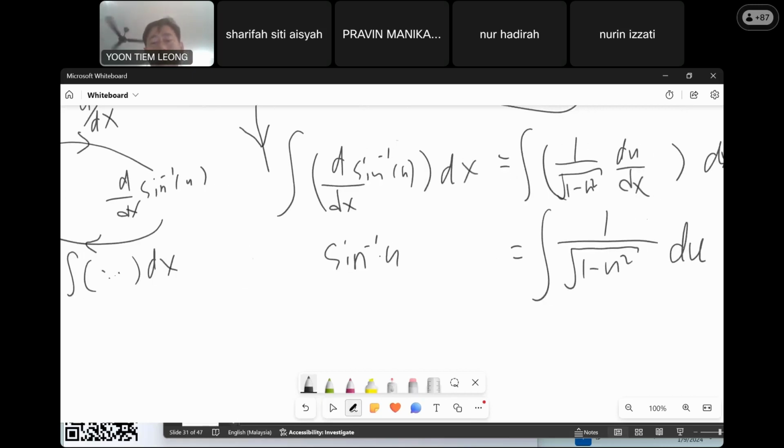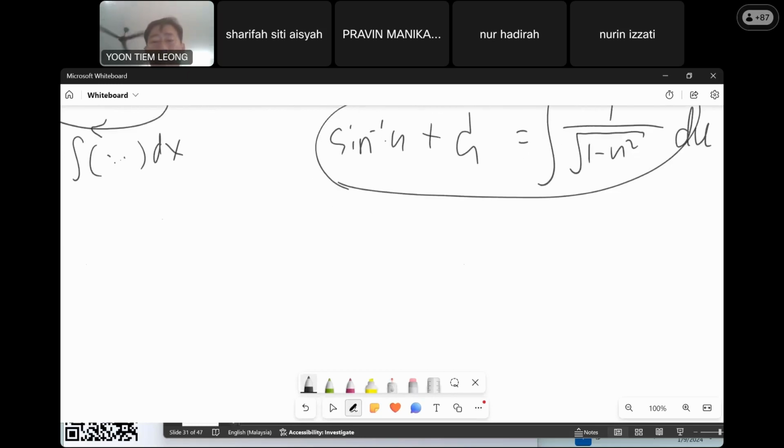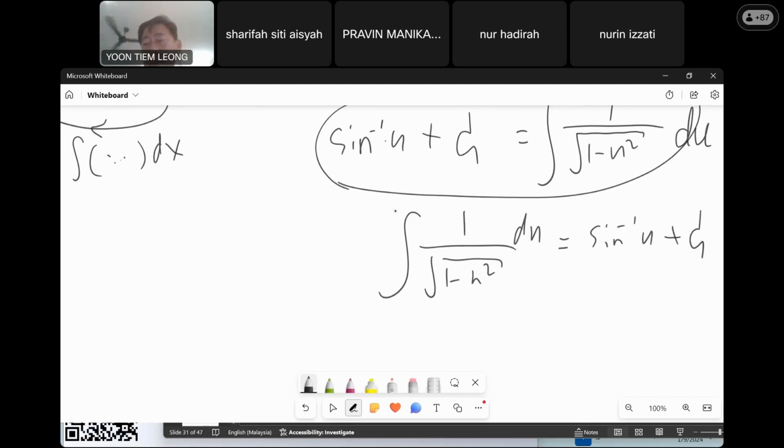And again, if you remember our definitions, the indefinite integration sign represents the collection of all antiderivatives. Therefore, whatever comes out from this indefinite integration, you have to add a constant. So that is the result that we obtain. Namely, if you have a function in the form of 1 over square root of 1 minus u squared du, then what you get is arcsine of u plus c.